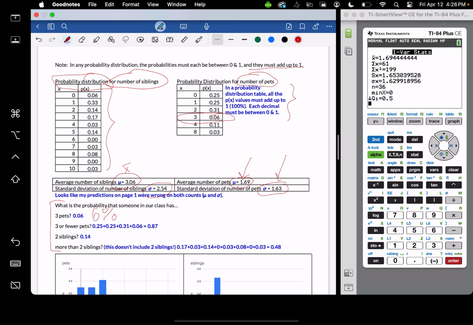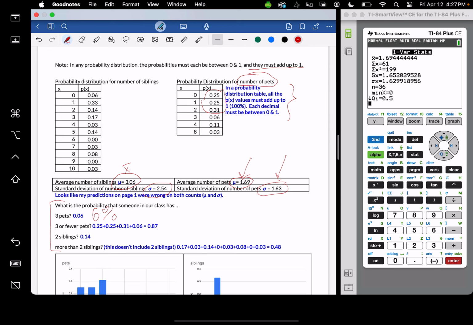It's pretty low. Actually, that table kind of helps me see why there's lower variation in pets and higher variation in siblings. So if I just look at all of this, it seems like the pets are really kind of closely clustered together. The majority of the people have 0, 1, or 2 pets.